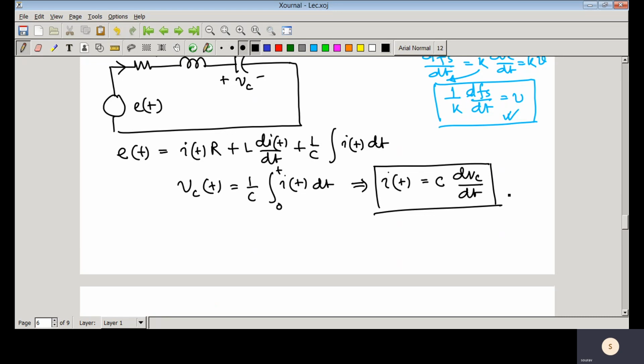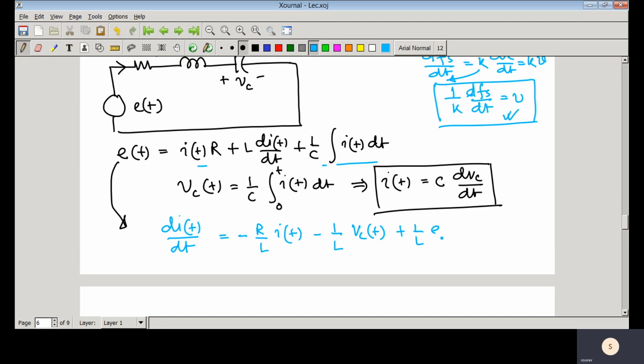Now if we rearrange this, di(t)/dt equals, if we take those terms to the left, R/L i(t), and then 1/L Vc(t), plus 1/L E(t).